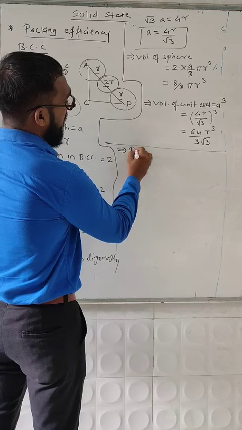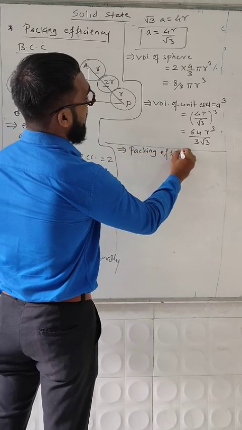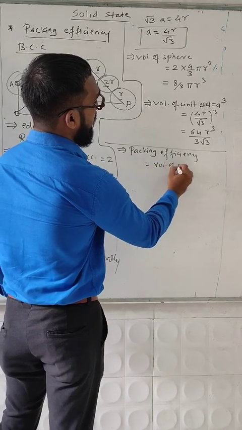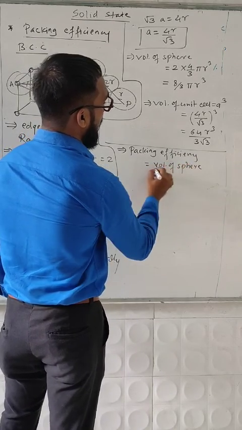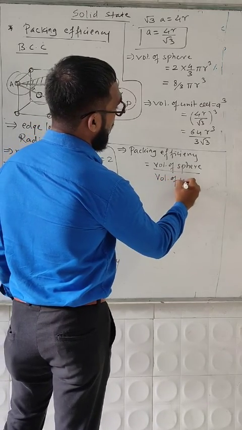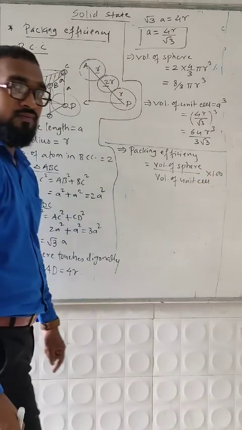Now we have to calculate the packing efficiency. We use the formula: packing efficiency is equal to volume of sphere upon volume of unit cell into 100.